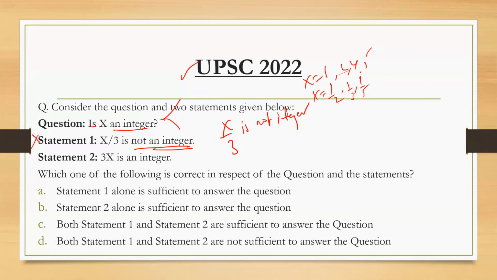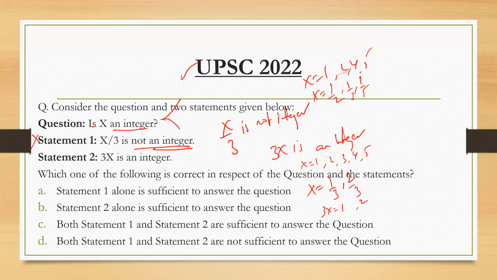Now what about statement 2? Statement 2 says 3x is an integer. If I put x equal to 1, 2, 3, 4, 5, then 3x is 3, 6, 9, 12, 15. They are all integers. But at the same time, if I put x equal to 1 by 3, 2 by 3, then 3x is 1, 3x is 2, which is again an integer itself.